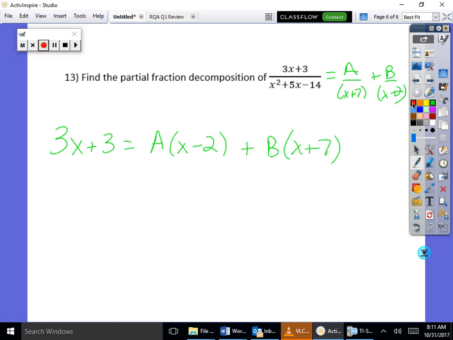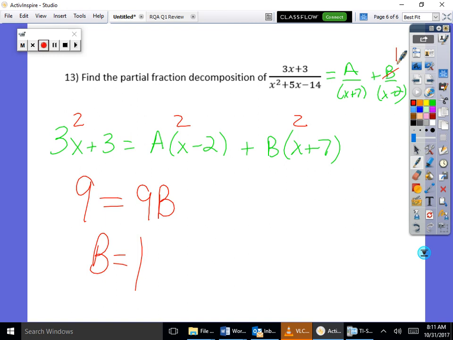What is my first 0? 2. It's going to be positive 2. So this gets a 2, this gets a 2, this gets a 2. What's 3 times 2 plus 3? 9. My a cancels. And I have 9b, which means b is worth 1.